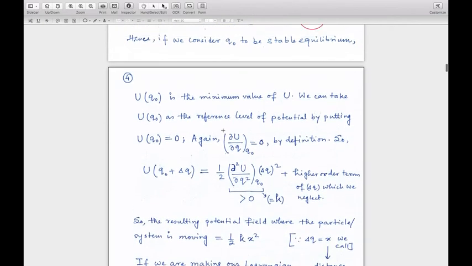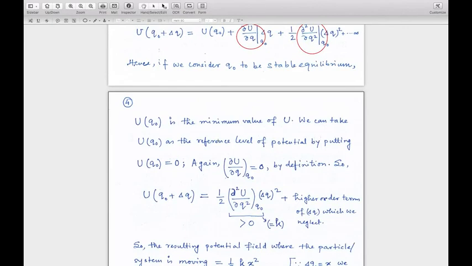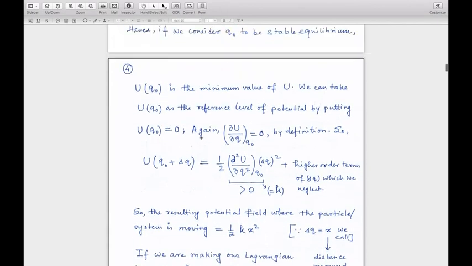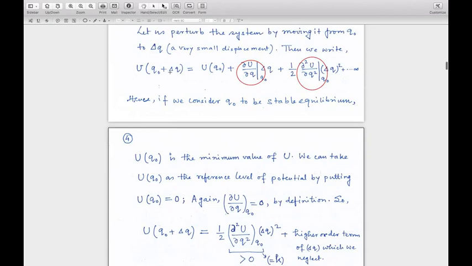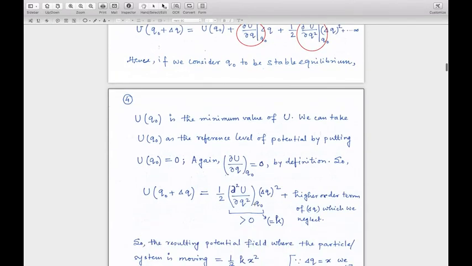Now we can easily say, without losing any generality, that U at q0 is the minimum value of U. So we can define that as the reference value of measuring the potential, as we in general do, and we can make it by choice 0. So then we get rid of this quantity. Okay, and then finally we can say that the resultant U which is acting over here is nothing but half this positive quantity times delta q squared.